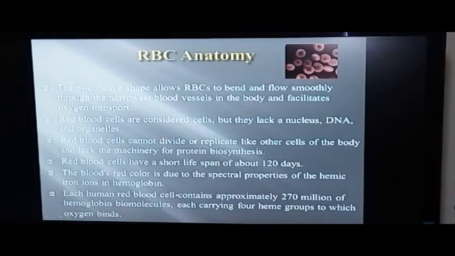Each red blood cell contains about 270 million hemoglobin biomolecules. Hemoglobin, we'll look at it in a moment, is the molecule that carries the oxygen, and it can carry 4 oxygens for each molecule.